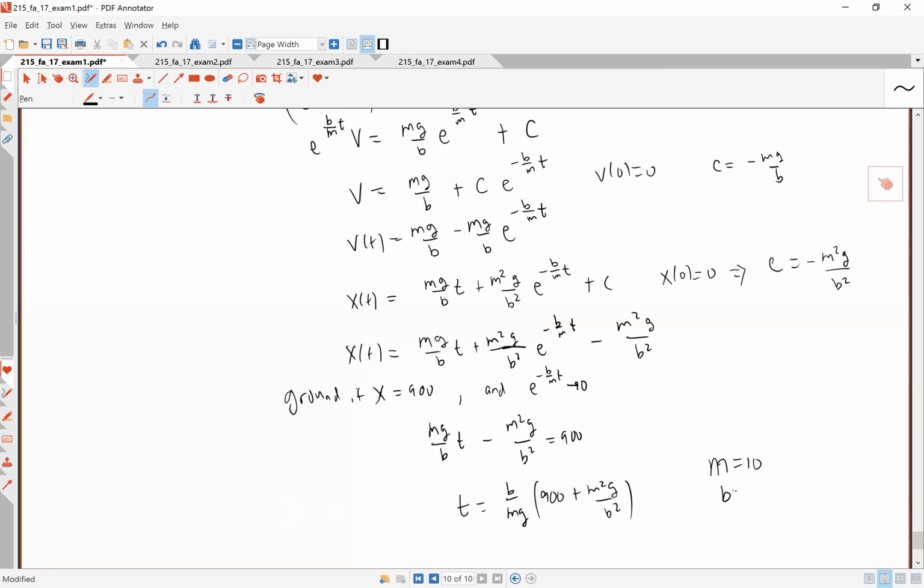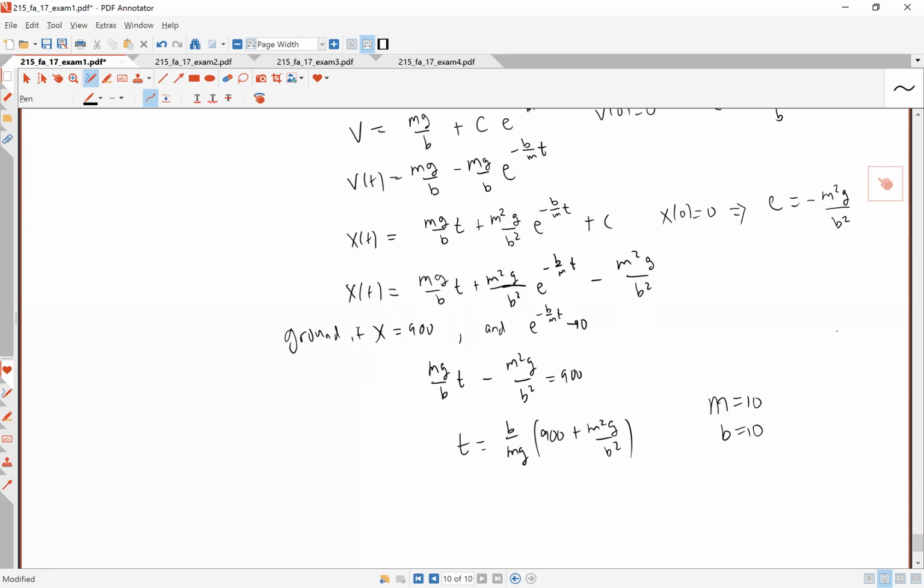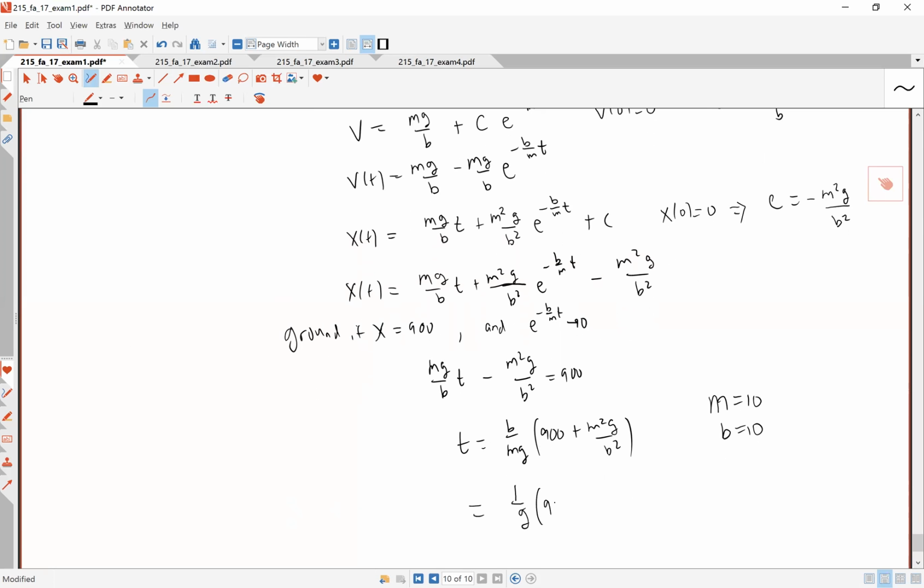We said that b was equal to 10. So with 10 and 10, this is 1 over g times 900 plus m squared over b squared, so this is 900 over g plus 1.